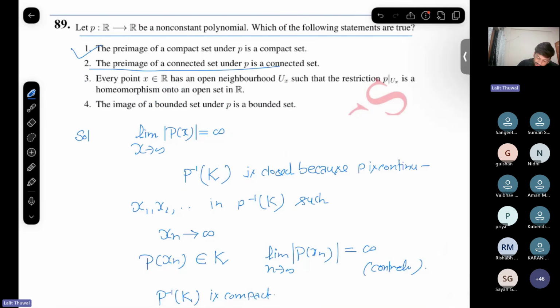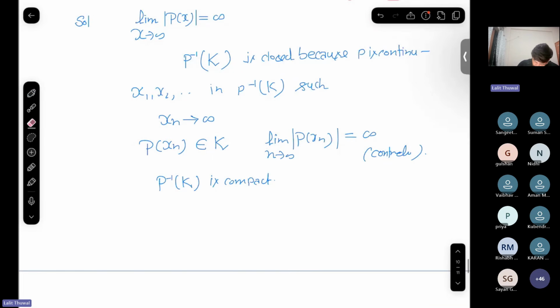The preimage of a connected set under P is a connected set. This is not true, right? Not true, because if you pick this connected set [4, 9] and P(x) equal to x squared, then see what is its preimage.